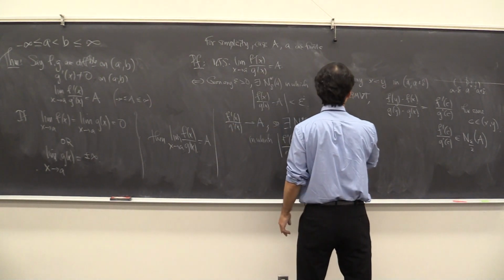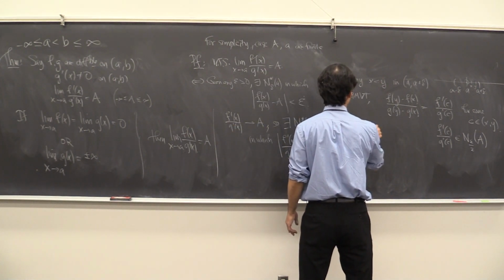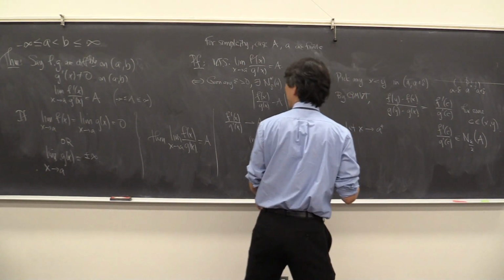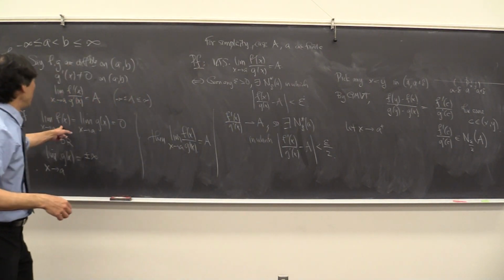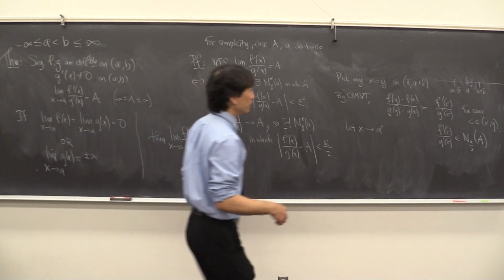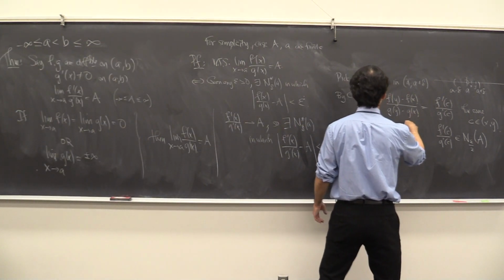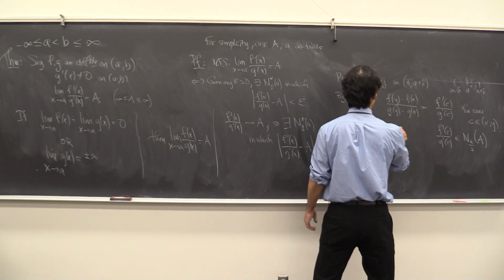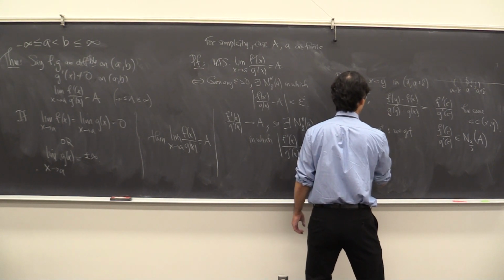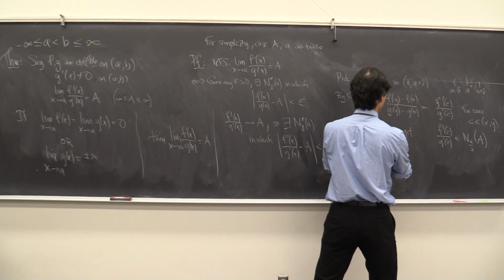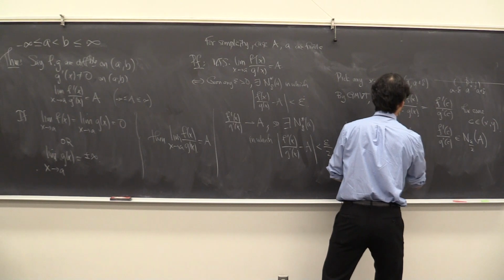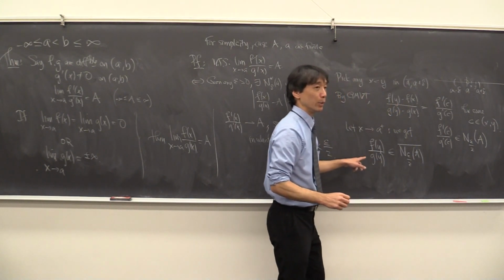Now let x tend to a from the right-hand side. As x tends to a from the right-hand side, both f and g go to 0. So we get that f of y over g of y lies inside the closure of this neighborhood.